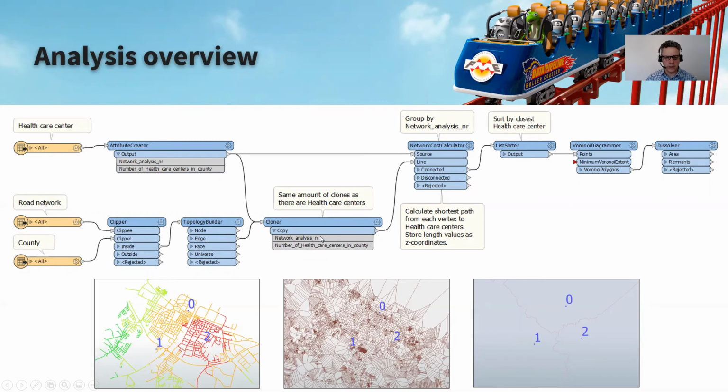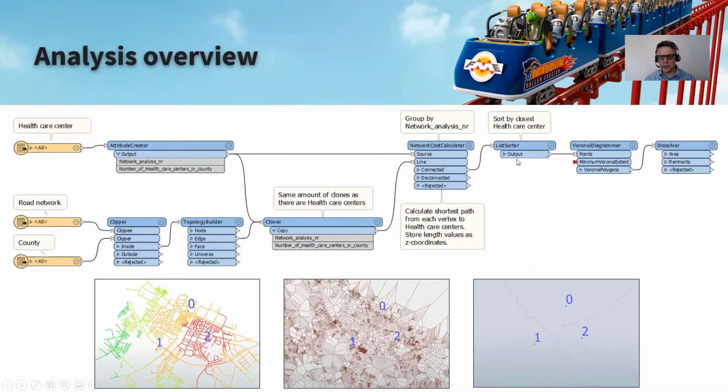And I created a counter of the clones, of the copies, that's named exactly the same as the counter on the healthcare centers. And then on the network cost calculator, I could group by this attribute network analysis number to calculate the shortest path and store the distances as set coordinates. And then I get this result. This is for healthcare center number 2.